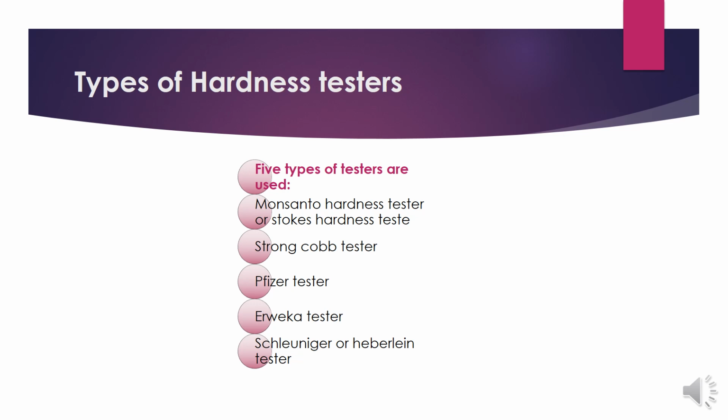So among these, the initial 3 are usually manually handled hardness testers, whereas the remaining 2 are digital ones, which provide you the digitally calculated hardness.